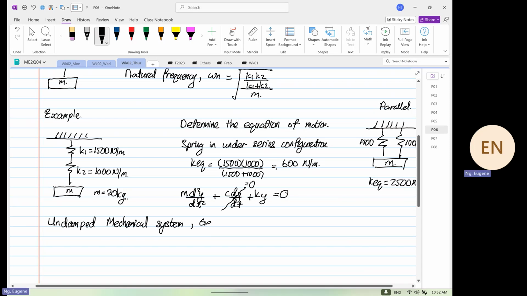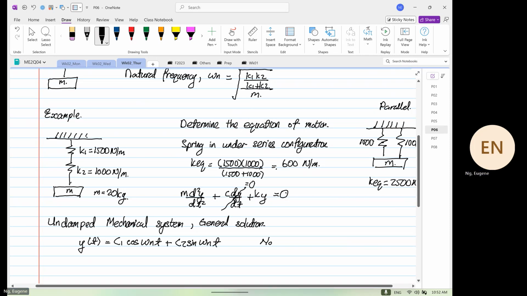And the general solution, we know there is y as a function of time. So this is equal to C1 cos omega n t plus C2 sine omega n t.